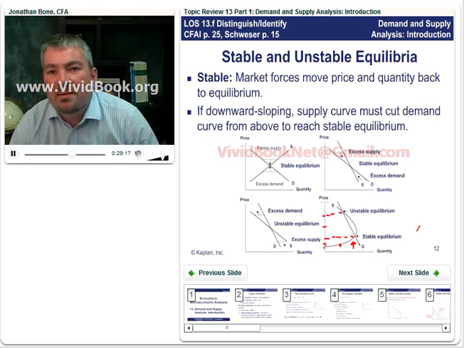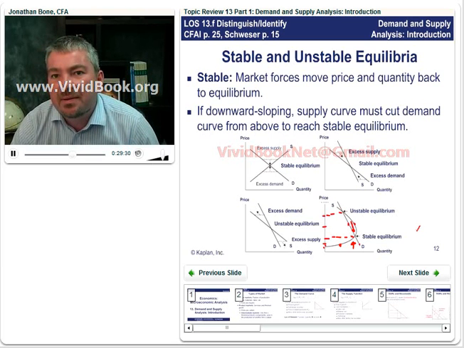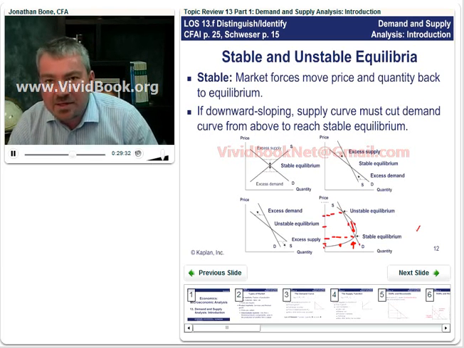Let's look at the point in between the two crossovers. Here's demand, here's supply. We've got excess supply, and that will force prices down, so we'll move back towards the stable equilibrium. Now, the interesting point on this one is, what about if we're above the top crossover? Well, notice here is supply, here is demand.